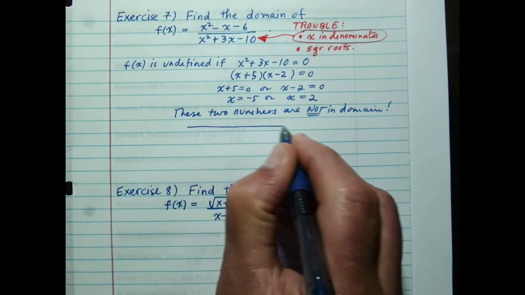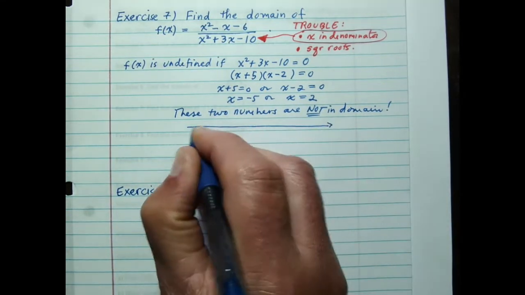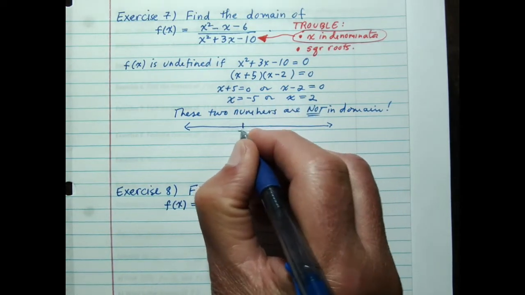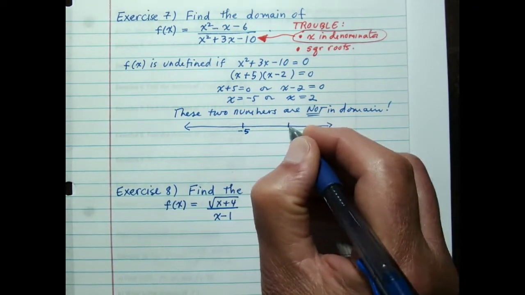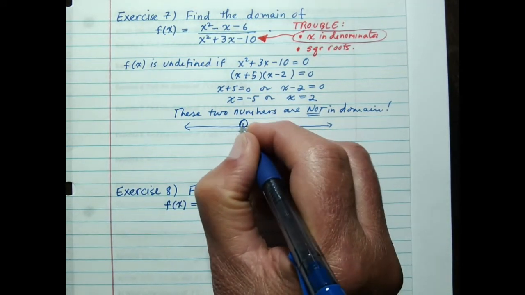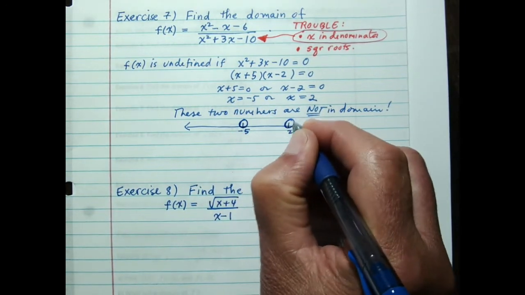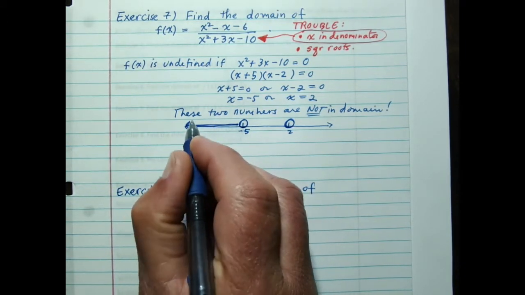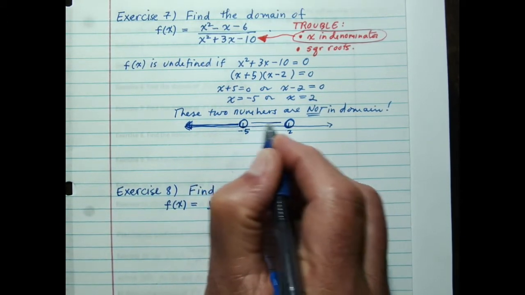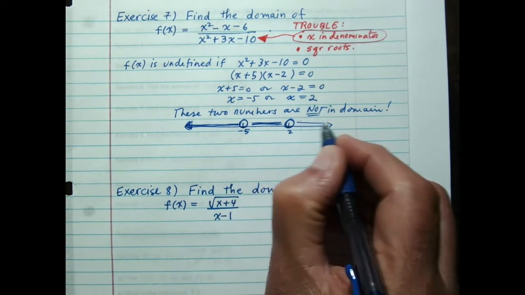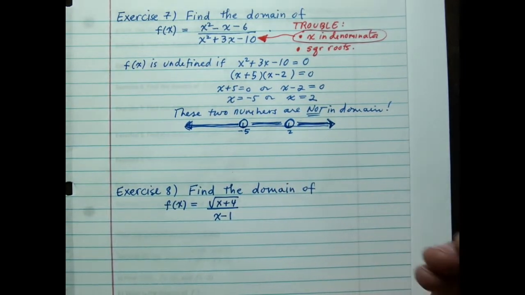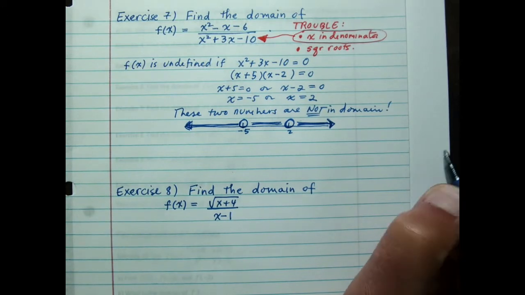So we want to imagine a real number line where, now I'll write the smaller one first, I'm just going to indicate negative 5 and 2 here. We're going to leave those out, but we're going to include all the numbers less than negative 5, all the numbers in between, and all the numbers greater.